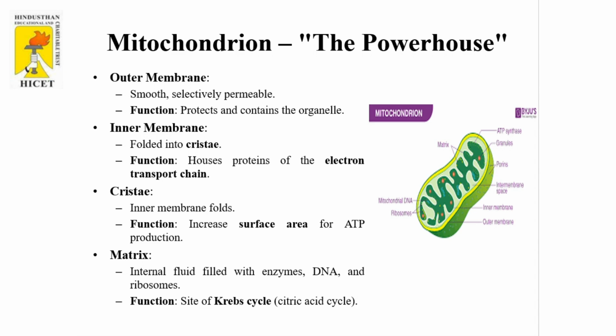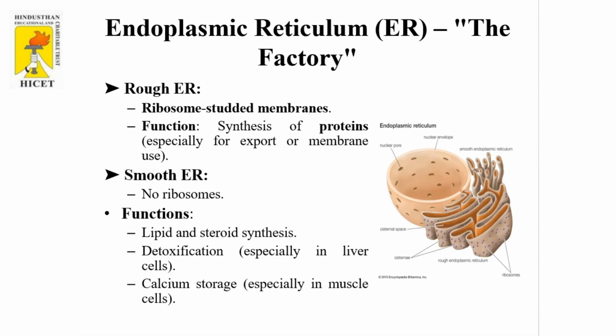The mitochondria is known as the energy currency of the cell, where it produces the ATP. The next is the endoplasmic reticulum, which is the factory. The endoplasmic reticulum is classified as rough ER and smooth ER. The rough ER is studded with ribosomes, where the ribosomes are attached to the membranes. The function of the rough ER is synthesis of proteins, especially for export or membrane use.